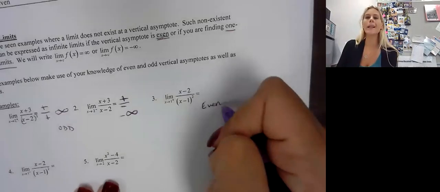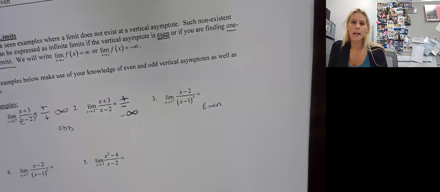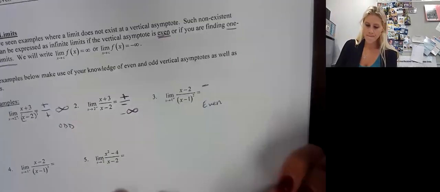So that means they're going in the same direction. When they're going in the same direction, guys, you just need to plug in the 1. And of course, on the bottom, you're going to get 0, which is our asymptote. But on top, that tells us where we go. So if I say 1 minus 2, we get negative 1. We get a negative, so that means this will be a negative infinity.